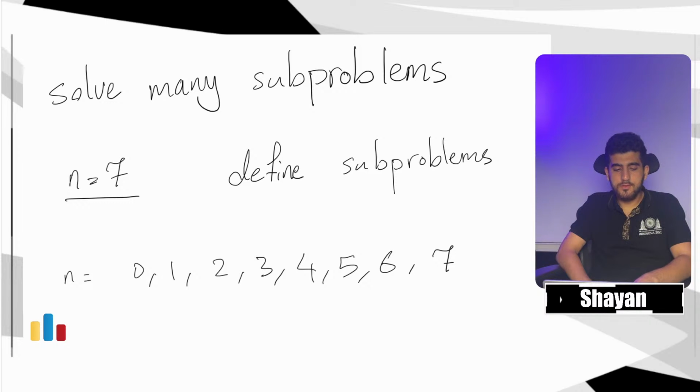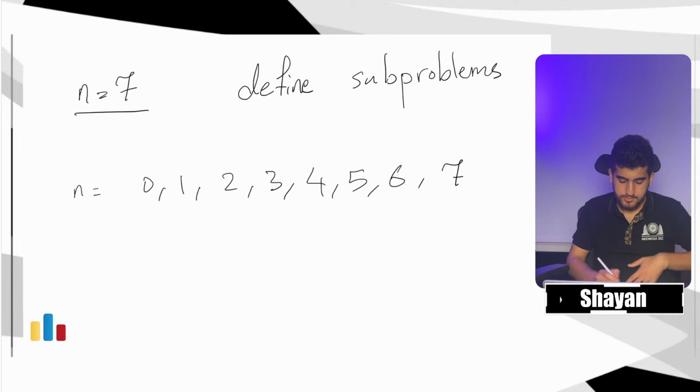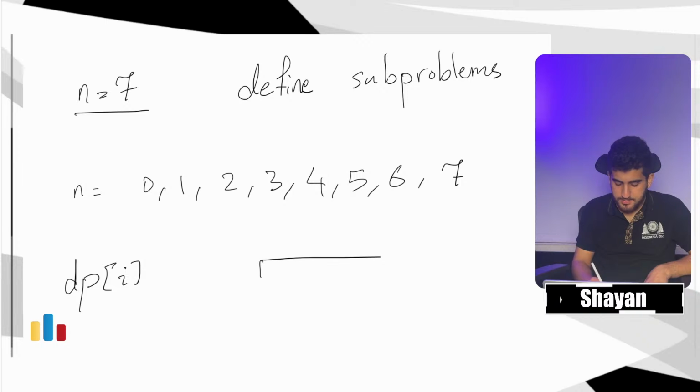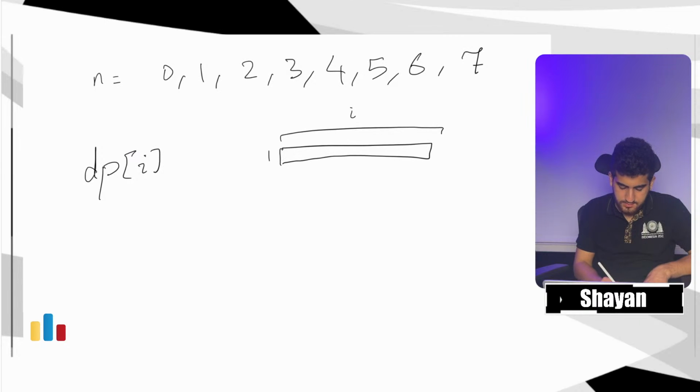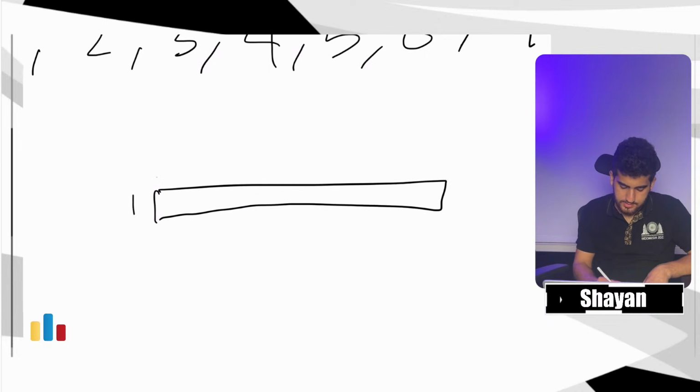And how is it going to work? How can I solve it for all these sub-problems? I will define dp of i as the answer to the problem if our tape is 1 by i. Now, when I want to solve dp of i, there are two ways. Either my last cell is going to be white.